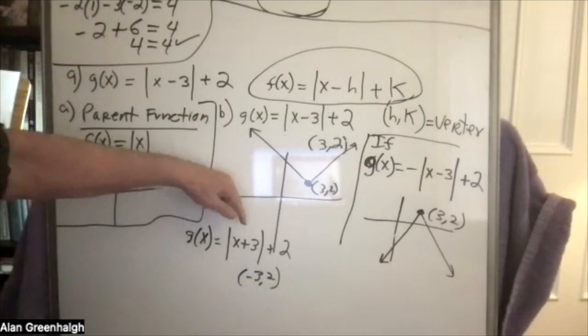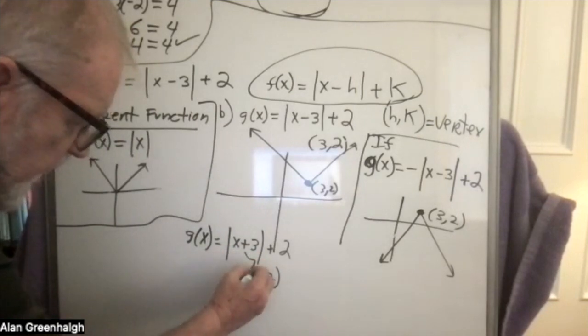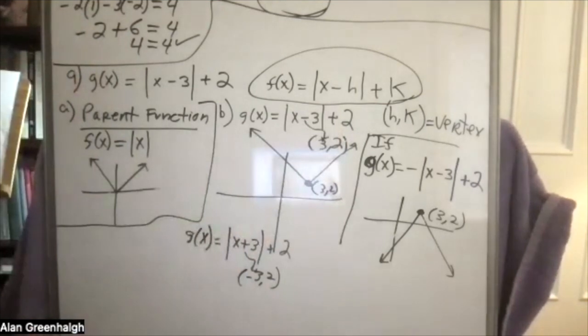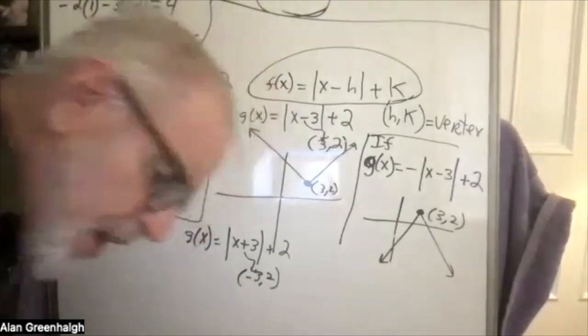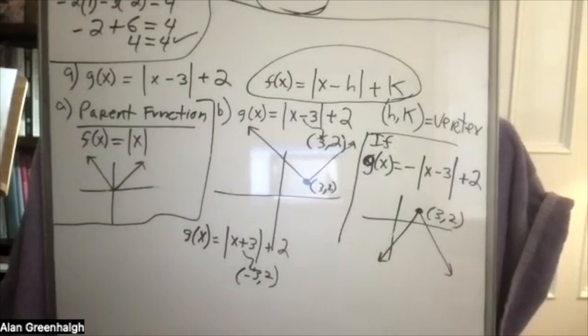It's always the opposite sign. Oh, okay, that was my question. If it's positive 3, it's negative 3. If it's negative 3, it's positive 3. Good question. Thank you, good clarifying question. Excellent.